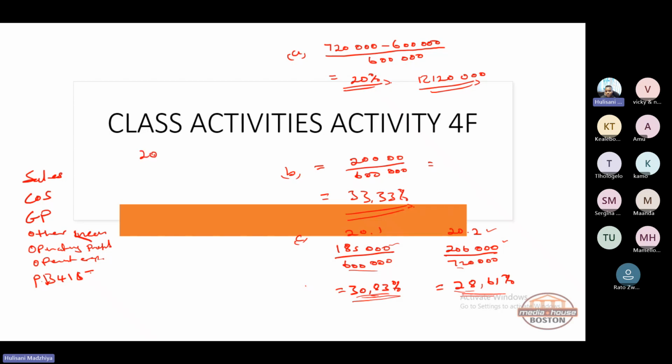Normally if we do a common size, this is how things will look. Here it will say 100%. Here it will say 100%. These are all the revenue that we generated during this period, so they will all be 100%.